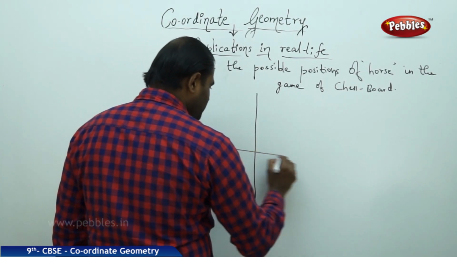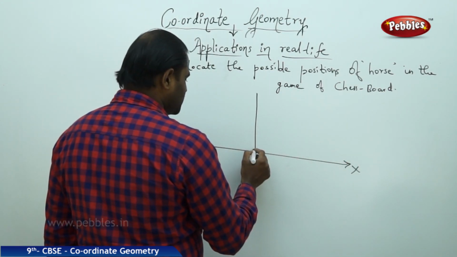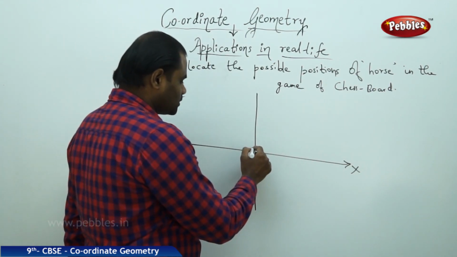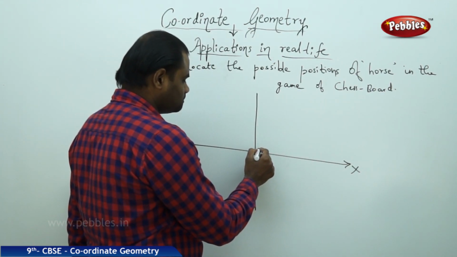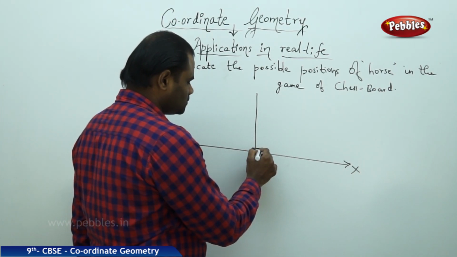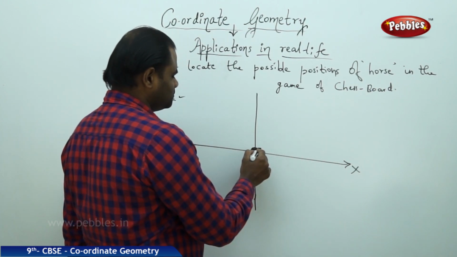Assuming this plane to be the chessboard, this being the center of the chessboard, let's assume that the horse is out here.